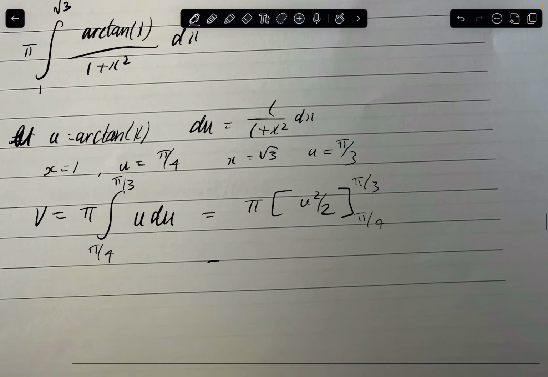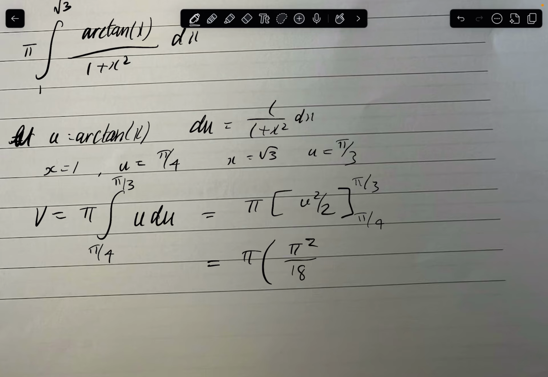And then that works out to be pi times pi squared on 18 minus pi squared on 16. Oh, sorry, pi squared on 9 and then divided by 2, pi squared on 16 divided by 2, pi squared on 32.